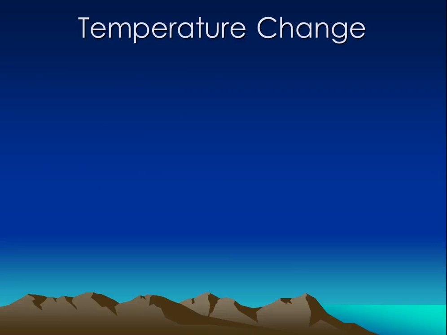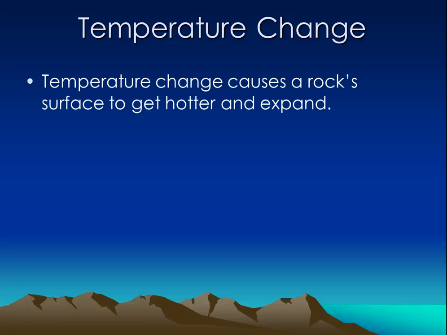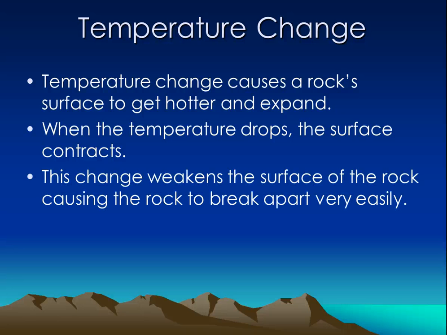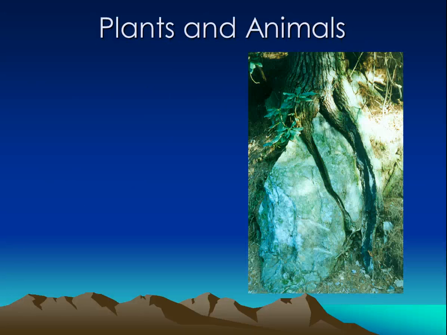Temperature also changes rock because it causes a rock's surface to get hotter and expand. When the temperature drops, the surface contracts or gets smaller again. If this happens over and over again, it will weaken the surface of the rock, causing it to break apart very easily. Again, causing it to weather.